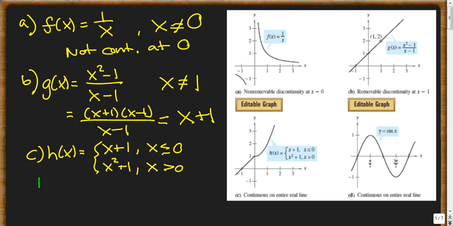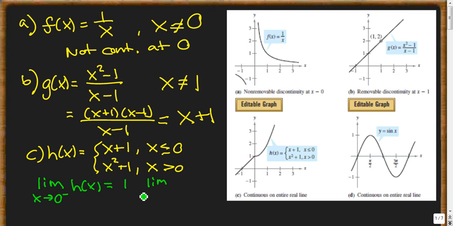So the limit as x approaches 0 from the left of h of x, from the left of 0, means less than 0, so this applies. So we need to use this function. Well, it's as simple as this, guys. All you do is plug the number in. If this function behaves normally, like x plus 1, a line, completely normal, we just plug our number in. We don't need to plug in 0 minus or anything like that. We just plug in 0. So we end up with 1.